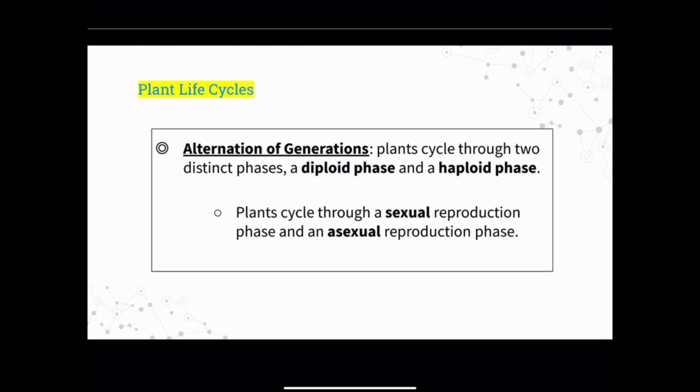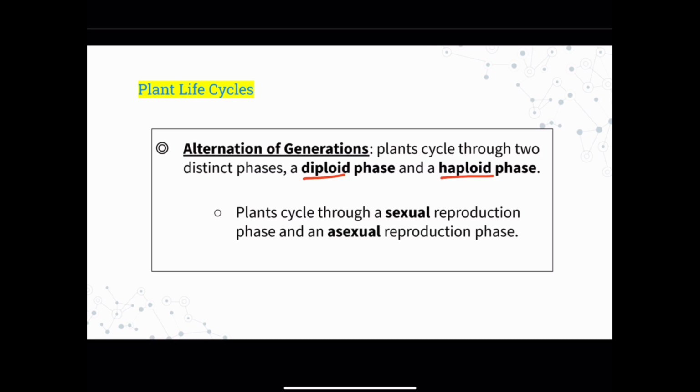So to start off with, plants have a different life cycle called the alternation of generations. Plants actually cycle through two distinct phases. So we have a diploid phase and a haploid phase. And these two vocab words, diploid and haploid, are old vocab terms all the way back from mitosis and meiosis.